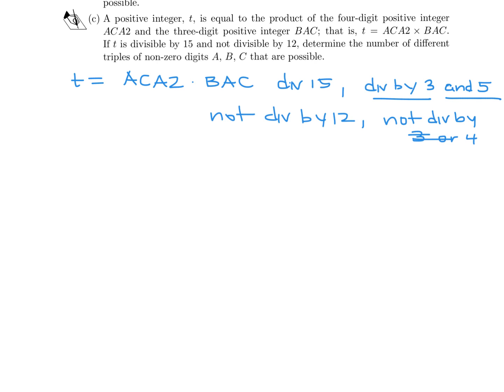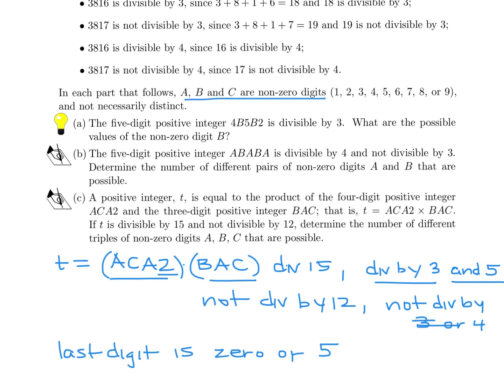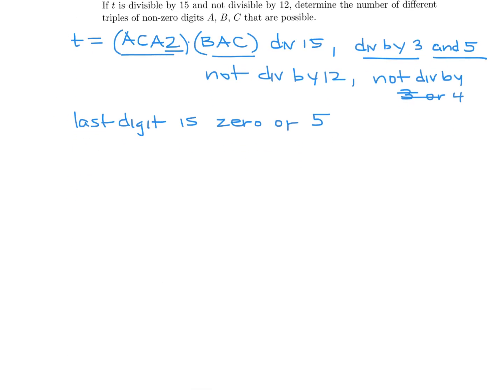Okay. If it's divisible by 5, then the last digit must be either 0 or 5, right? Anything that's divisible by 5, the last digit is a 0 or 5. So we're taking this number and multiplying it by this number, right? So this actually has a 2 already. And A, B, C are non-zero, so C cannot be a 0.